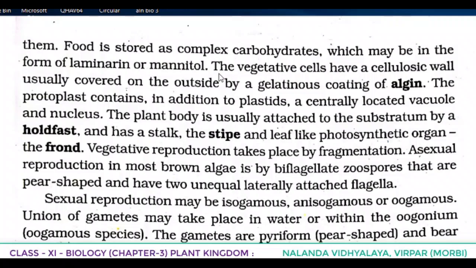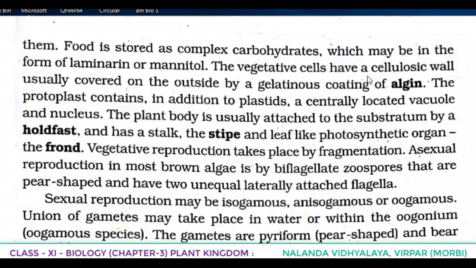And where was it stored? In pyrenoids, the storage bodies present in the chloroplast. In the case of Phaeophyceae, food is stored as complex carbohydrates, which may be in the form of what? This you have to remember: laminarin or mannitol.